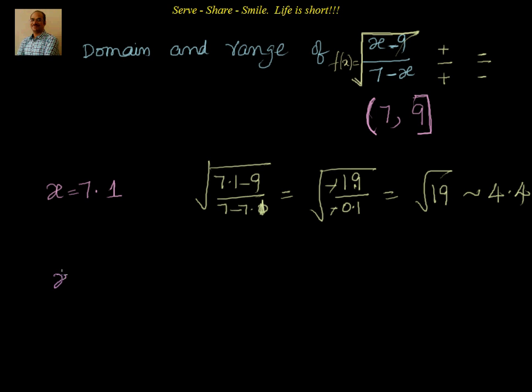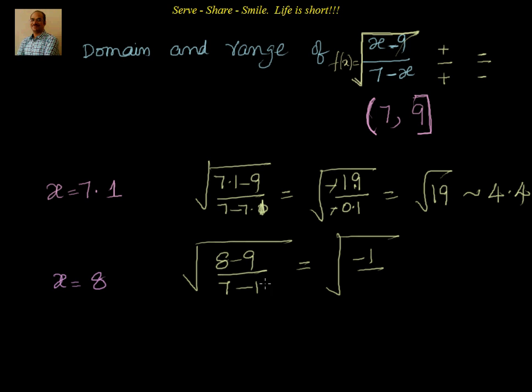We will take x equal to, let us say, 8. If I take x equal to 8, what will I have now? Square root of 8 minus 9 divided by 7 minus 8, which is equal to square root of minus 1 by minus 1. Minus 1 by minus 1 cancels out and is equal to 1.